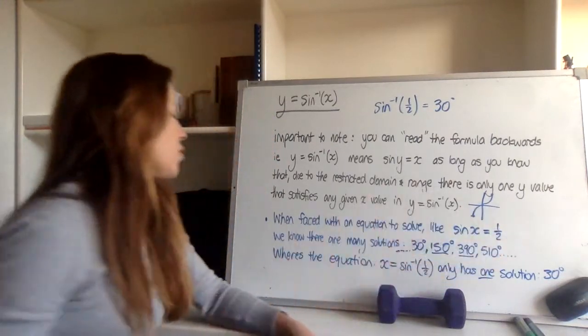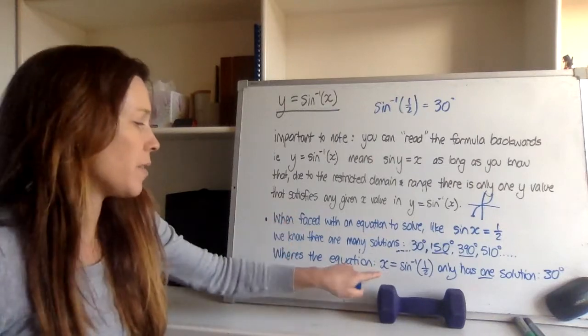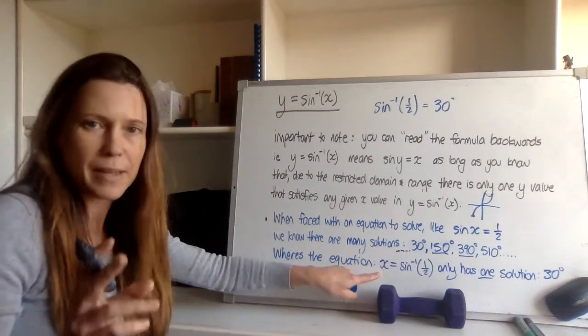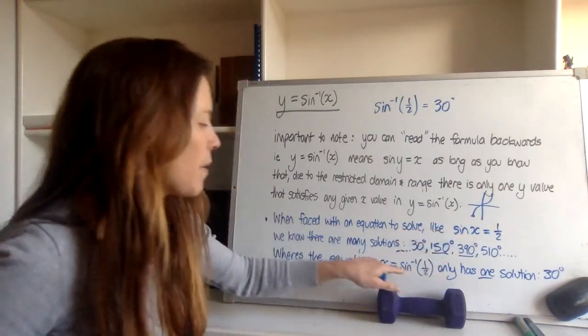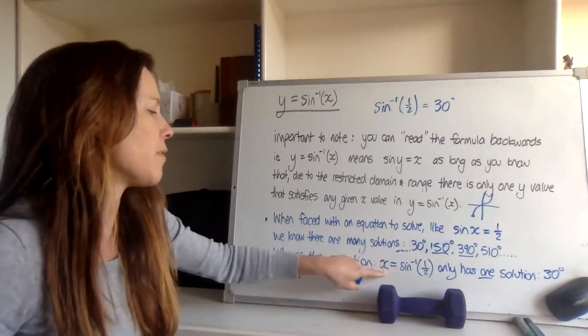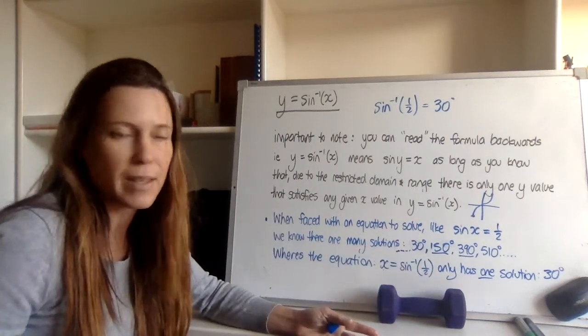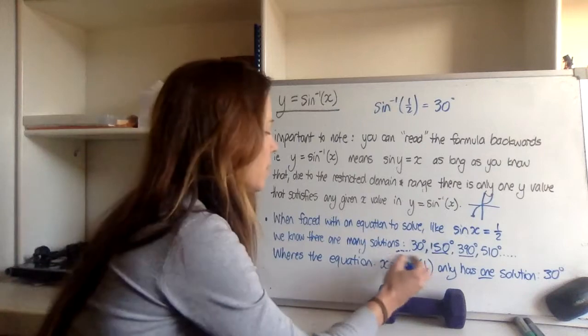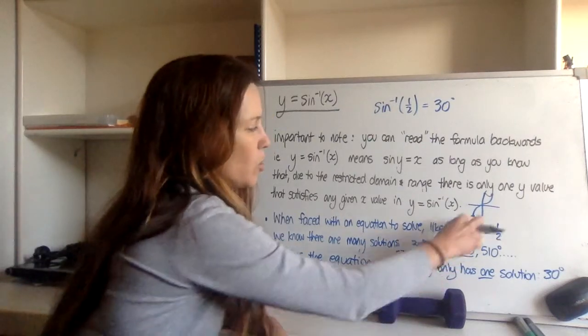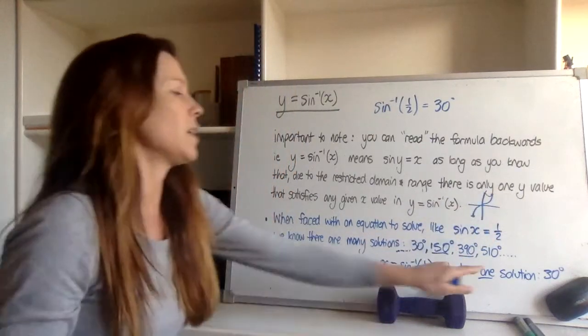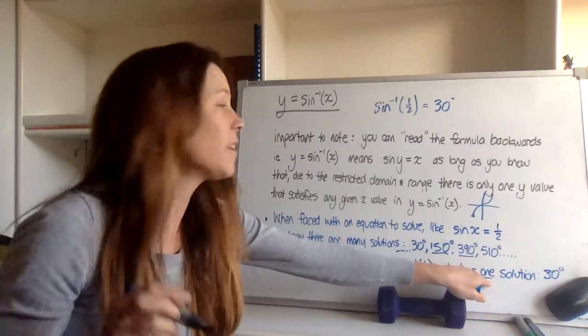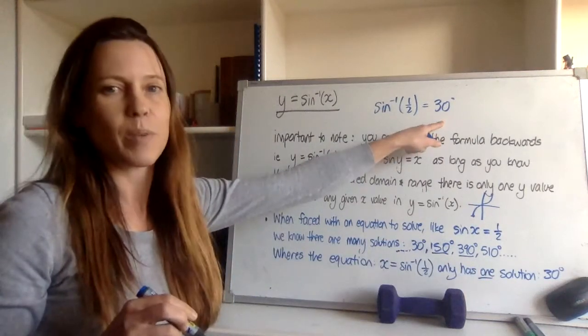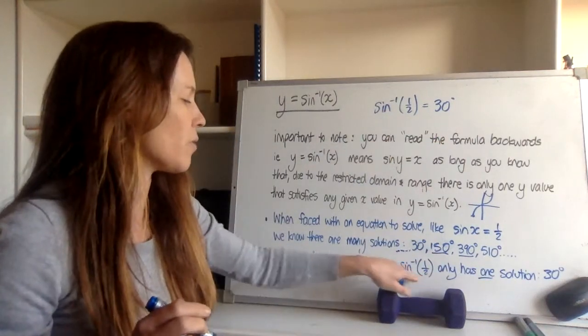So there's many solutions to that, but this equation, which looks the same, it looks like it's just written around the other way. The sine of x is a half. It's effectively saying the same thing, but because this one is referring to this sort of arrangement, it only has one solution. So we can kind of forgive the calculator for only giving out one answer because it's actually solving this.